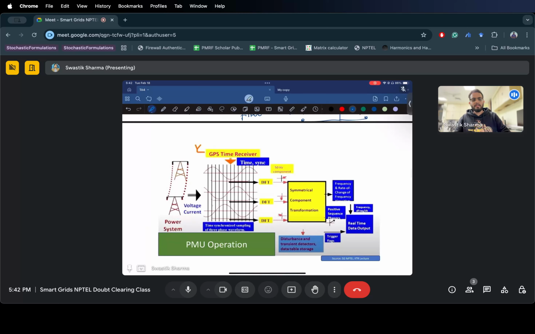So this is how the operations of the PMU look like. So what you do, you get your voltage or current waveforms, right? You time sync them with the GPS receiver. Then you perform a discrete Fourier transform.